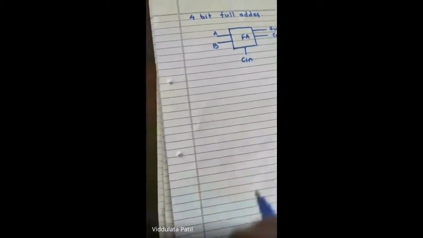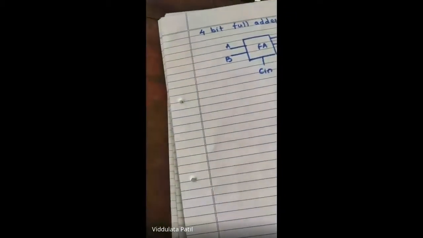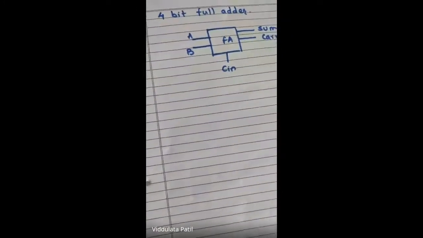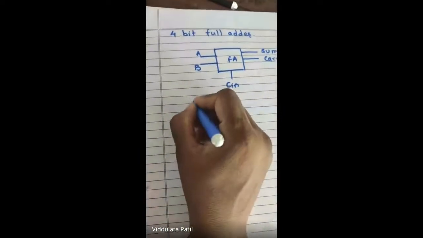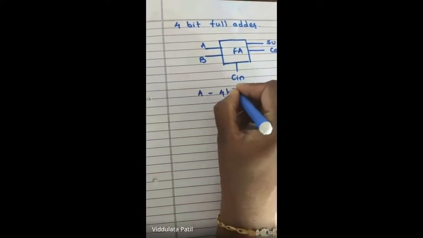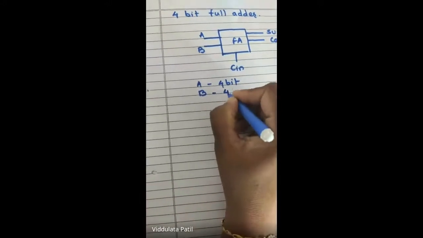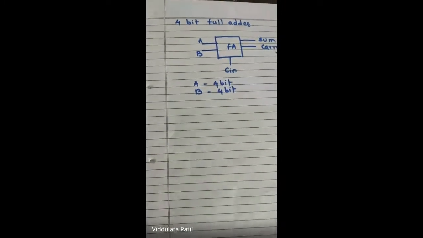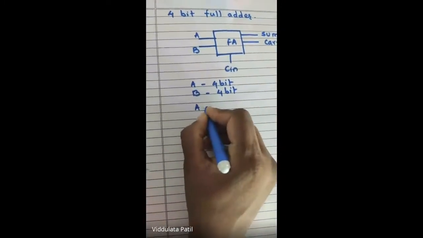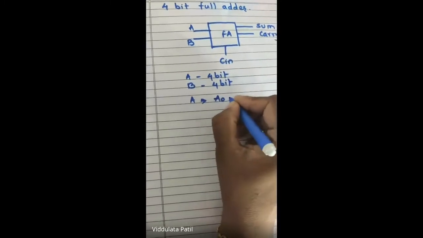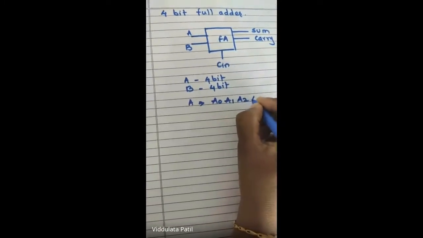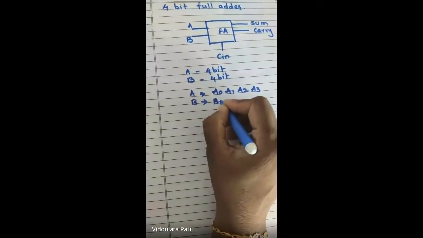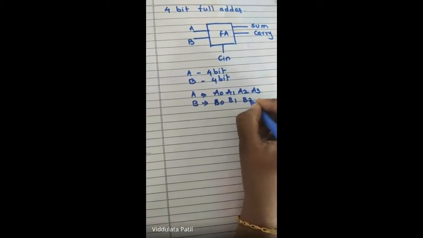Now in this circuit, we are going to consider binary numbers which are 4-bit. That means A is 4-bit and B is also 4-bit. So A has 4 bits, A0, A1, A2 and A3, and B again has 4 bits, B0, B1, B2 and B3.